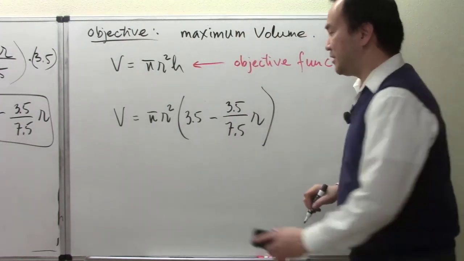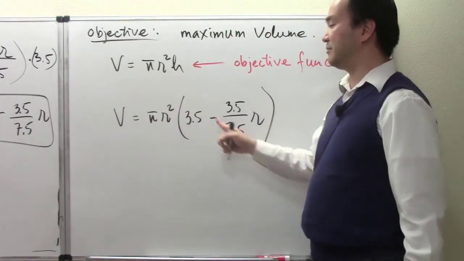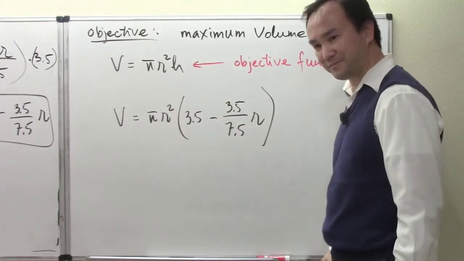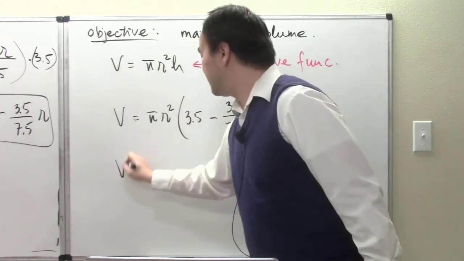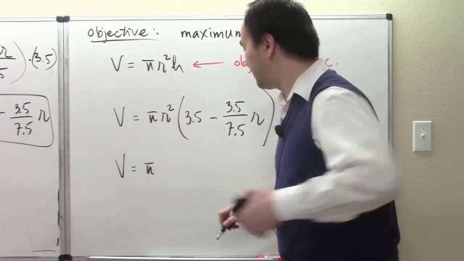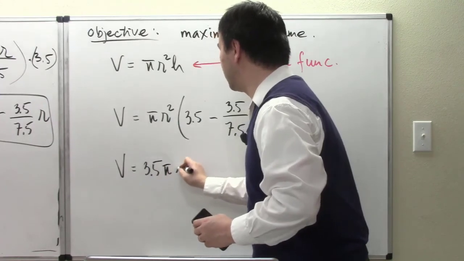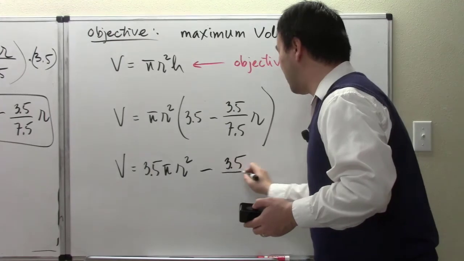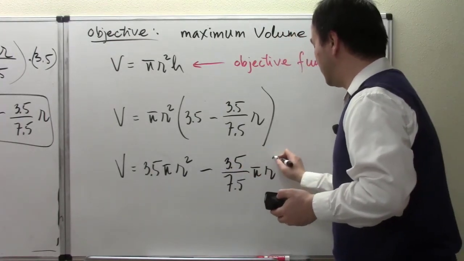All right, and so now at this point we are entirely in terms of r, one variable only. A simple distributive law now gives me, multiplying the pi r squared to the first term, 3.5 pi r squared minus 3.5 over 7.5 pi r cubed.